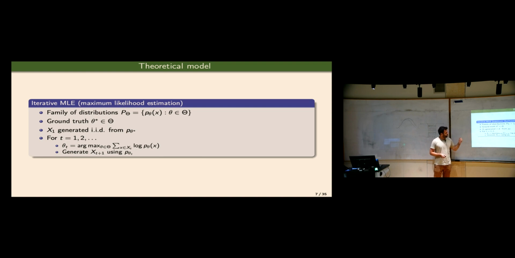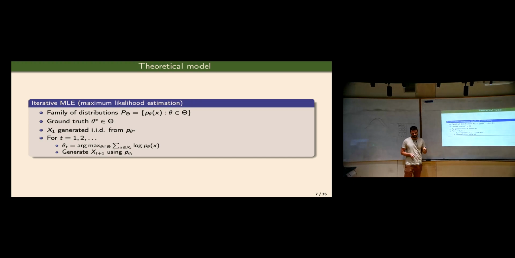Then at each iteration, we fit a model to this data set, and then we generate a new data set from that model. The way we fit a model is just by minimizing the cross-entropy loss, just like everybody does in practice, or equivalently maximizing the log likelihood. This is called maximum likelihood estimation, or MLE for short. Any questions about the setup?